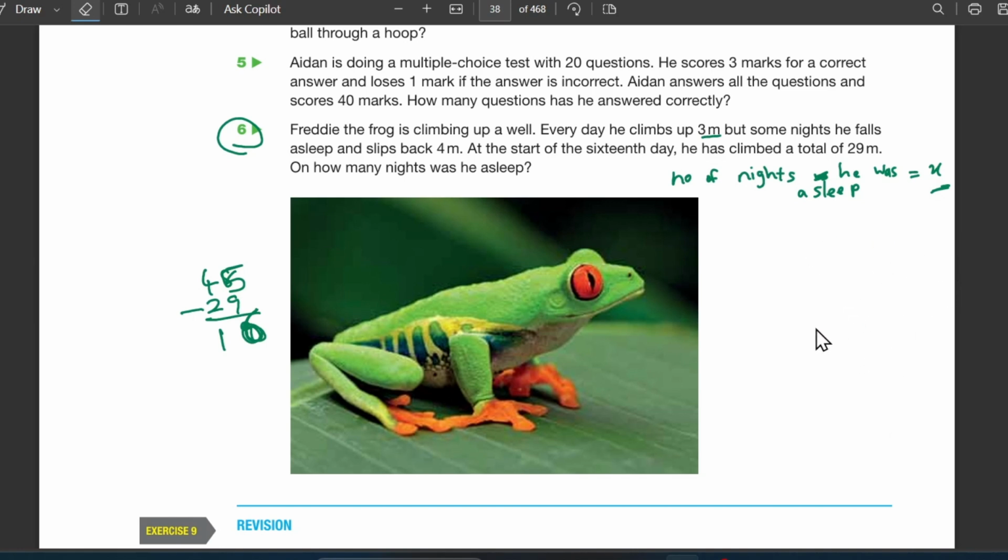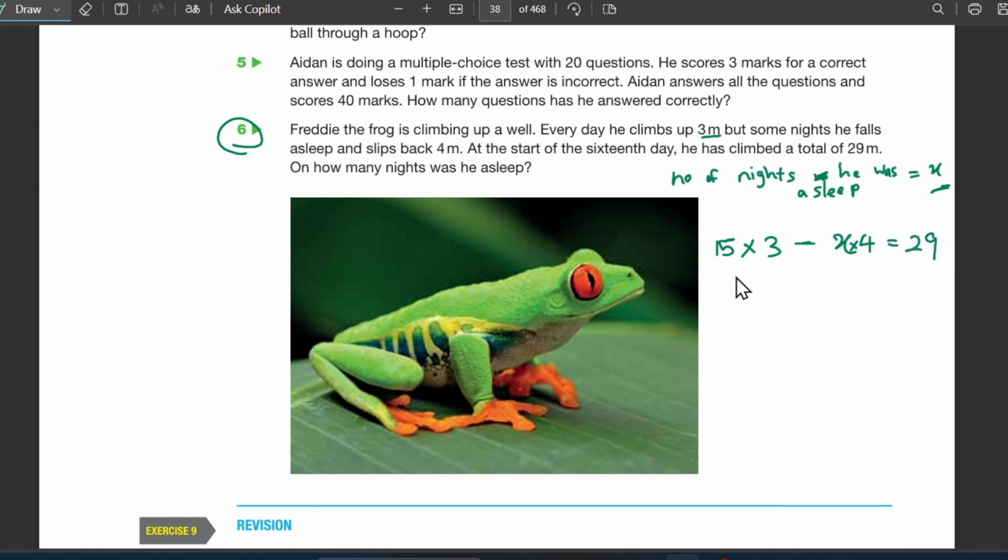Every day he climbs, so not only the nights that he did not sleep, he climbs up every day. So that's 15 at the start of the 16th day, so he has climbed up 15. So he climbed up 3 meters in 15 days, minus x times 4 equals 29.